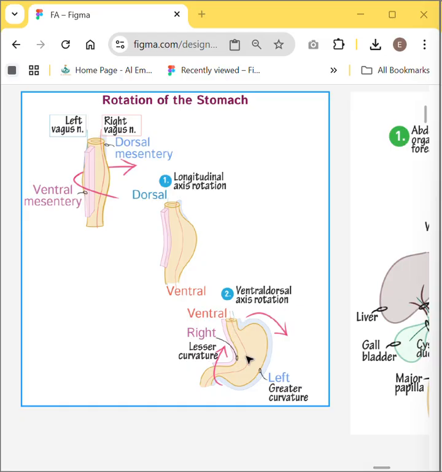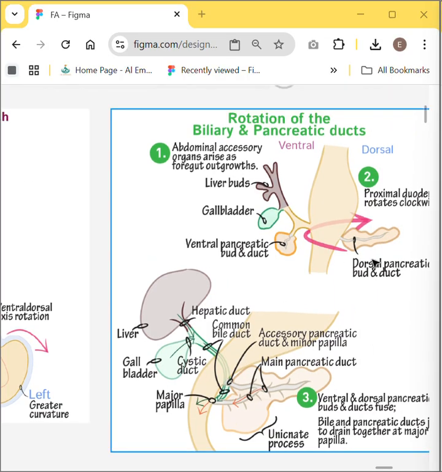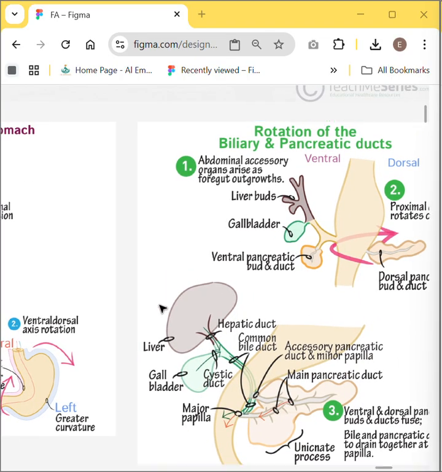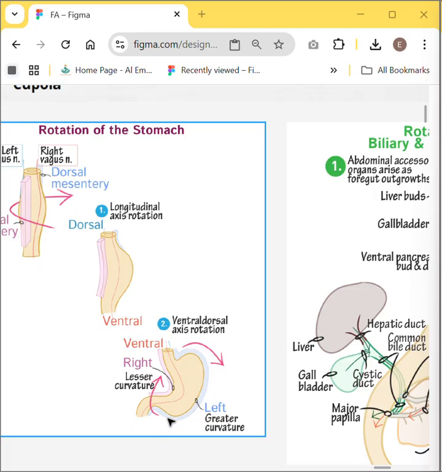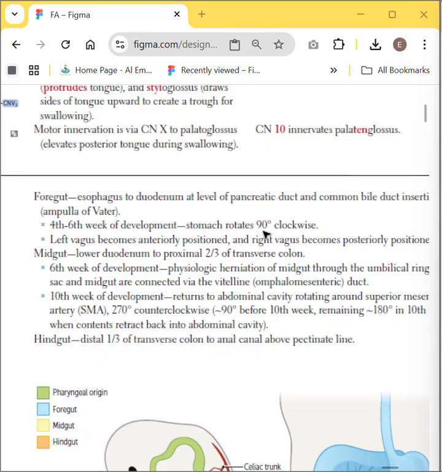How is this even possible? It's possible because the stomach rotated at a 90-degree angle. That's how you have the left greater curvature, because of the ventral-dorsal axis rotation. So what did we say? The stomach rotated 90 degrees clockwise at the 4th to 6th week of development.